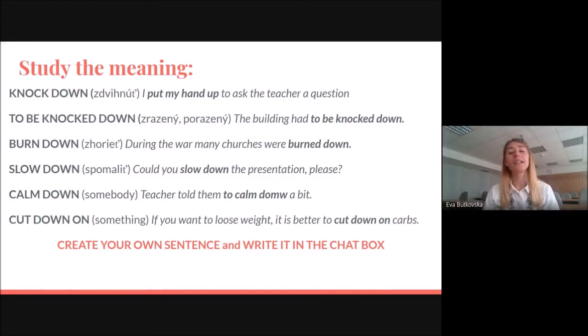And the last is cut down on something. So remember, cut down on something is to do something less often. If you want to lose weight, it is better to cut down on carbs.